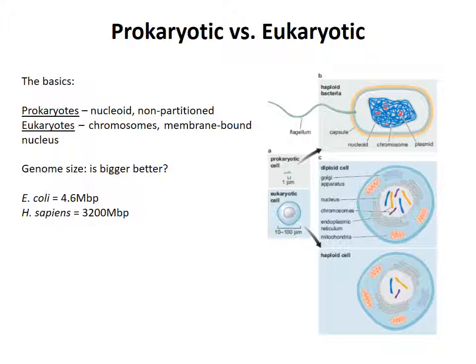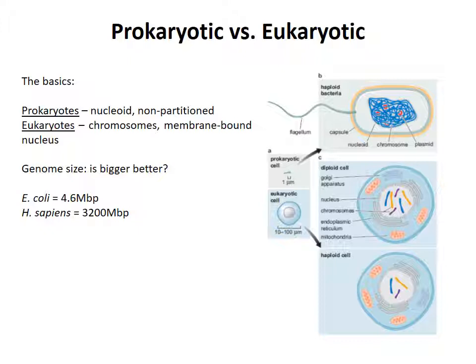In other words, it just floats around inside the cytoplasm within the prokaryotic cell. This is in direct contrast to eukaryotes. One of the defining features of a eukaryote is the presence of a membrane-bound nucleus, which is used to partition the nuclear material, the chromosomes, away from the cytoplasm where protein production takes place.